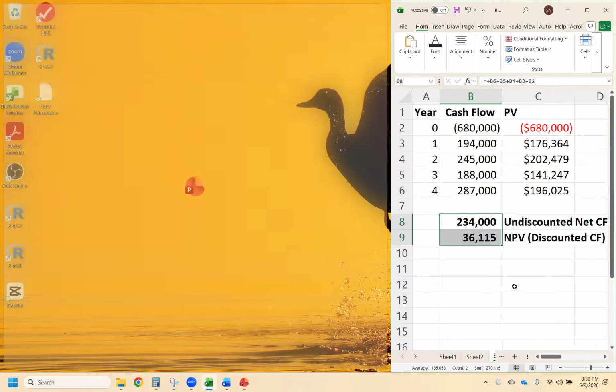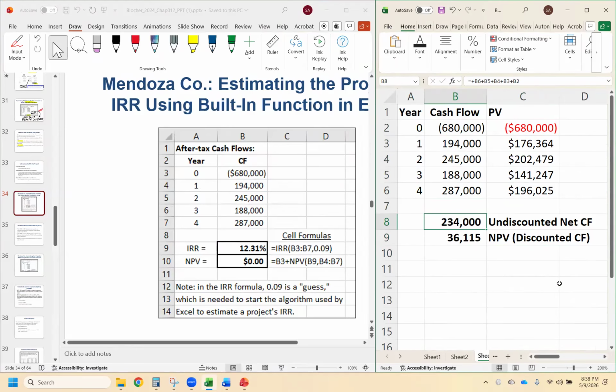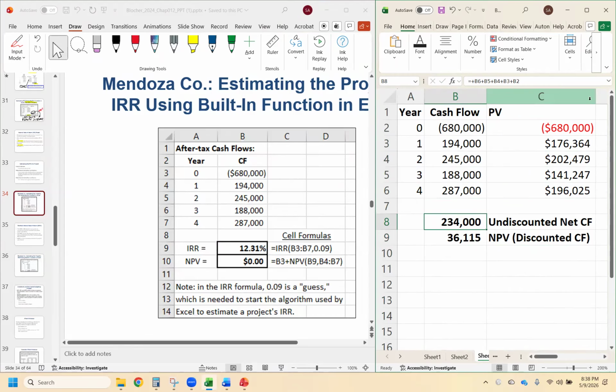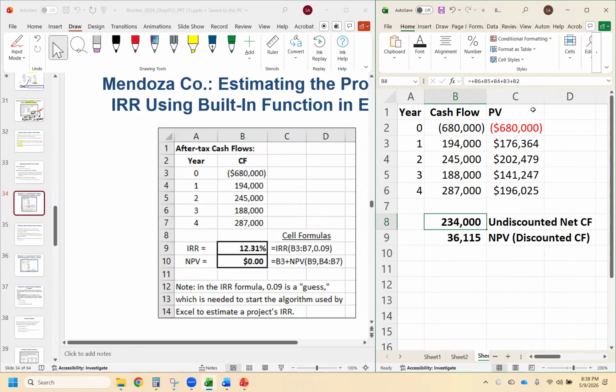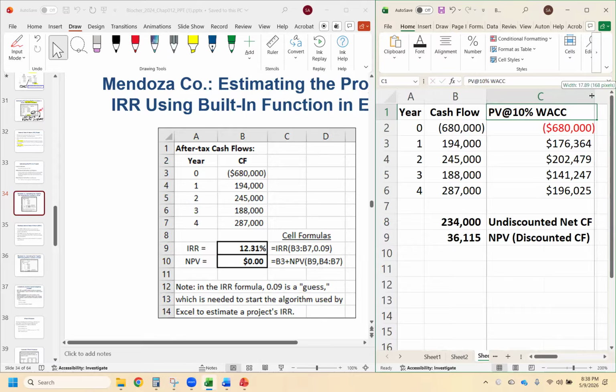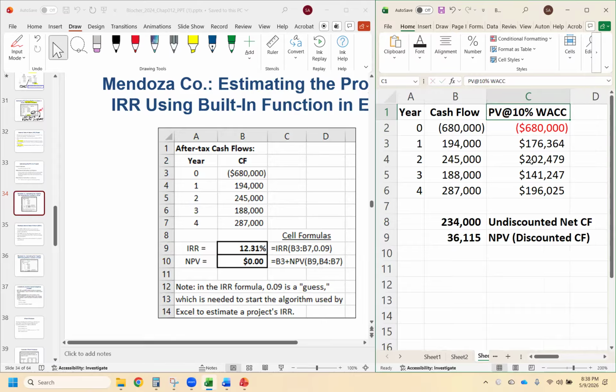So even though it looks like we're going to make $234,000 profit on this project, when we take into account the time value of money at 10%, which is our weighted average cost of capital, then it's not actually $234,000 because a lot of this money is coming in 4 years.